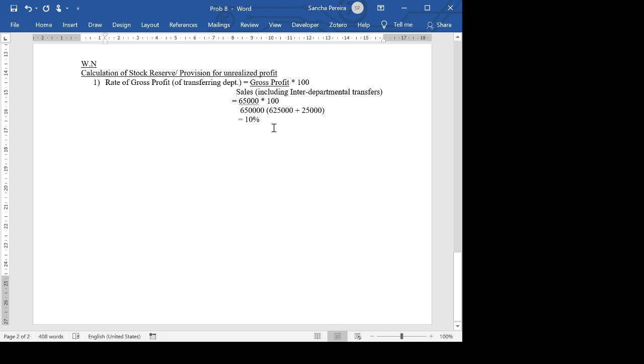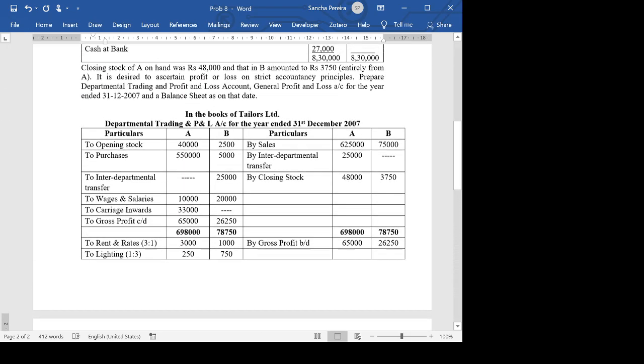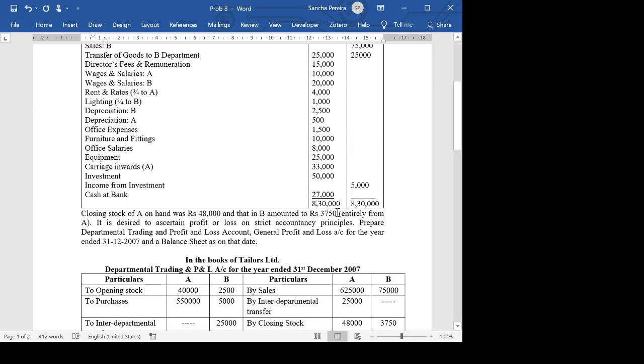So stock reserve is equal to, how much is the closing stock? In the previous problem they had given us two amounts, closing stock of one department and closing stock of the other department, and they said out of the closing stock of the second department only part of it has come from the former department, but here they've said the entire closing stock is from A. That means the entire amount is valued at more than the cost.